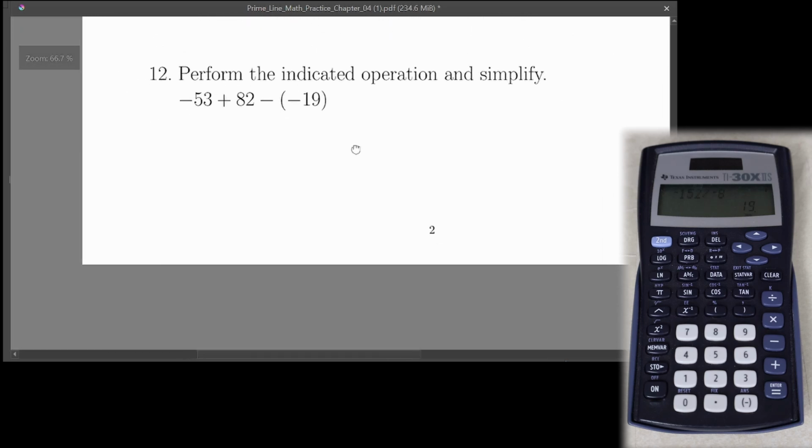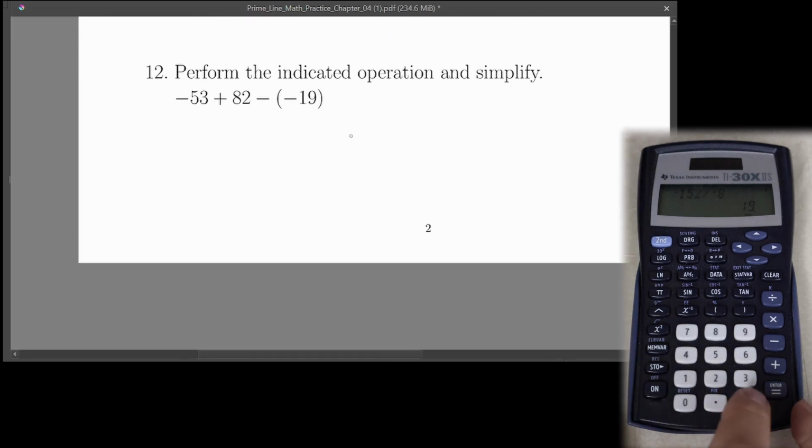Number 12, we can take negative 53 plus 82 minus parenthesis negative 19, close our parenthesis, and we'll get a total value of 48. Okay.